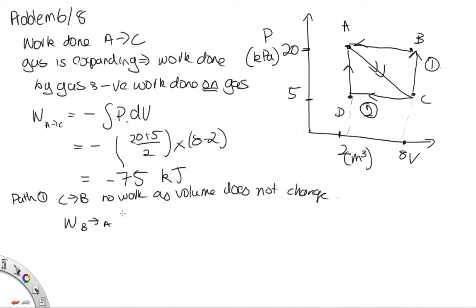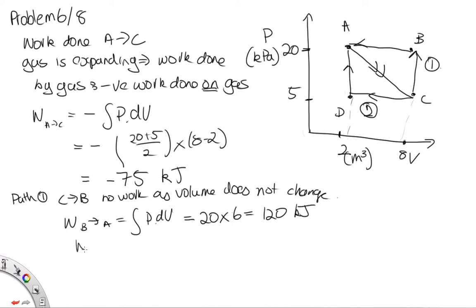This is a compression, so it's a positive work, and it's equal to the area under this rectangle here, P dV, which is just calculating the area. It's 20 times the width, which is 8 minus 2, times 6, so that's 120, and again it's kilojoules because of the kilopascals.